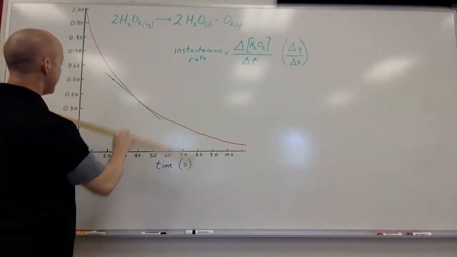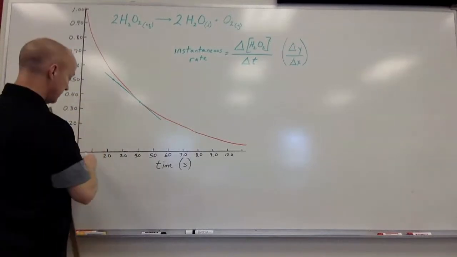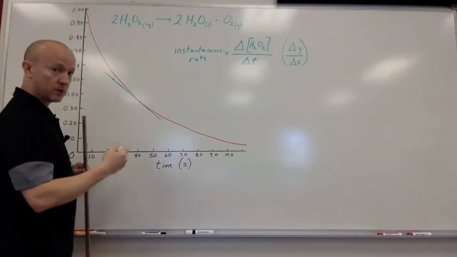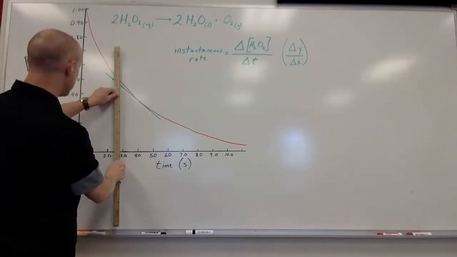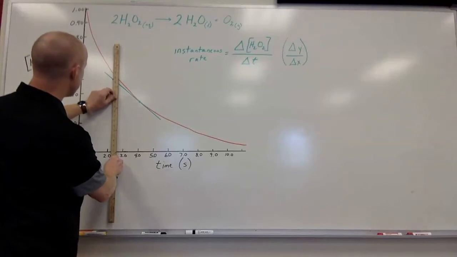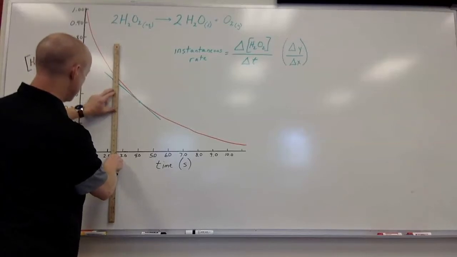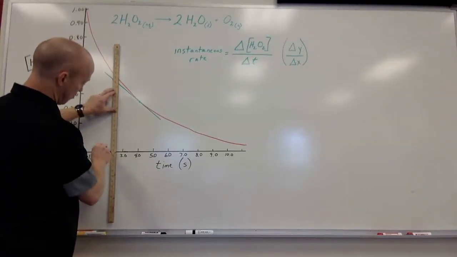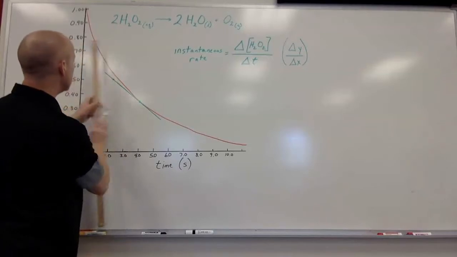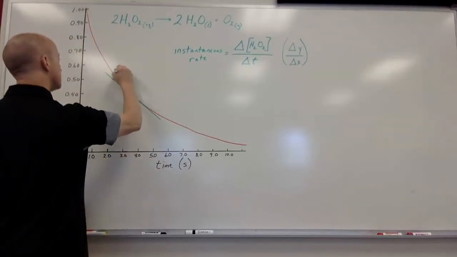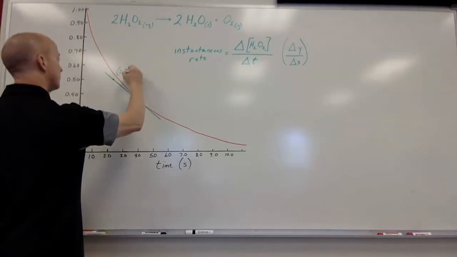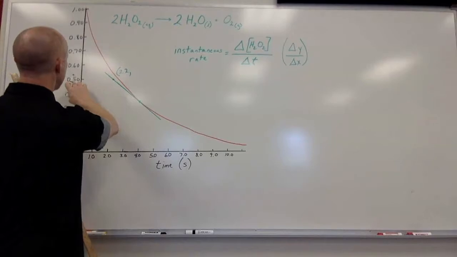Now I'll find out what my coordinates are, x and y coordinates, right? So for this first one, I'll put my straight edge straight down, and I see that I'm about at 2.2 seconds, aren't I? So this one is 2.2 and right about 0.5.